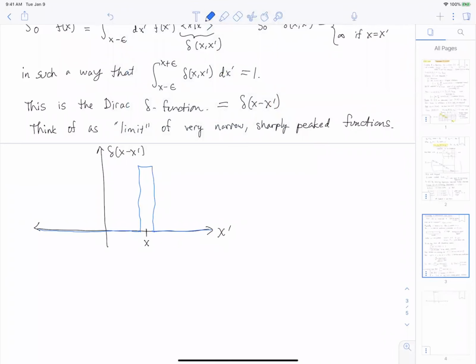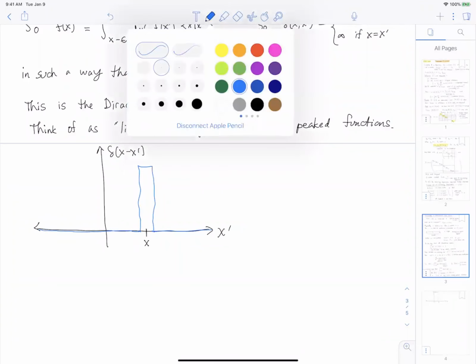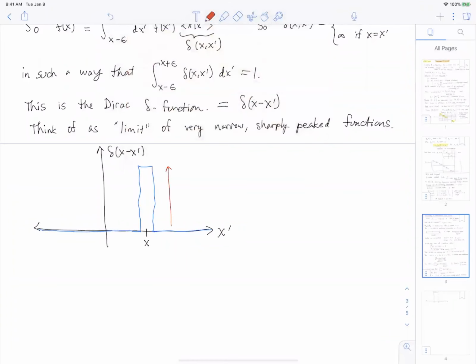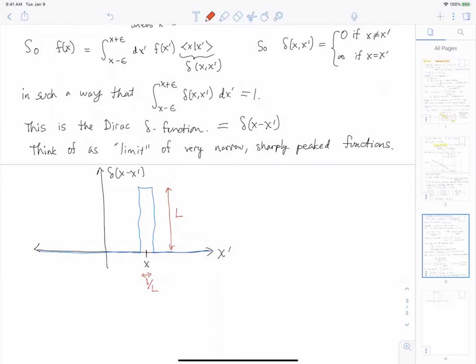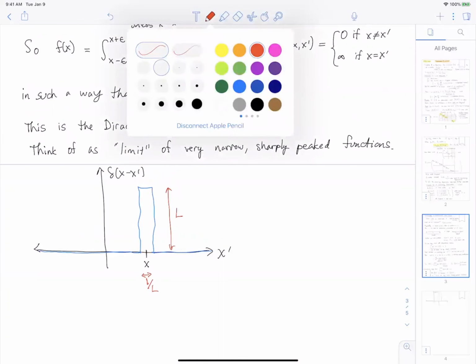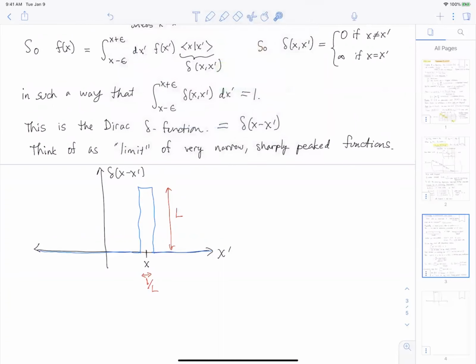The height of the peak is, let's call it L, and the width of the peak is 1 over L. The area under that is L times 1 over L, which is 1.